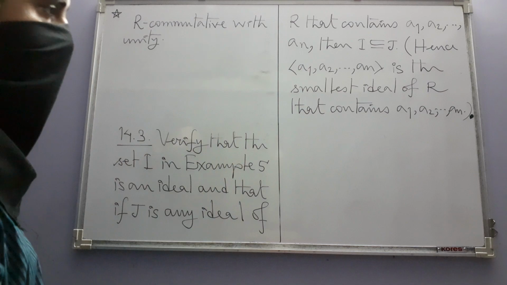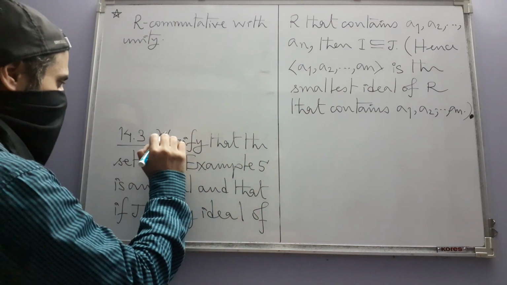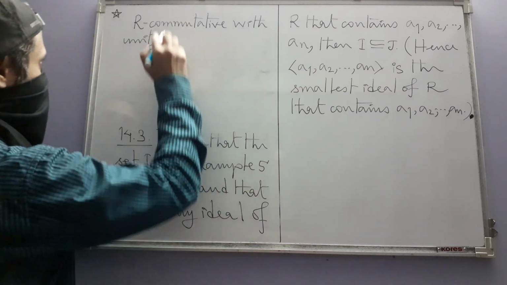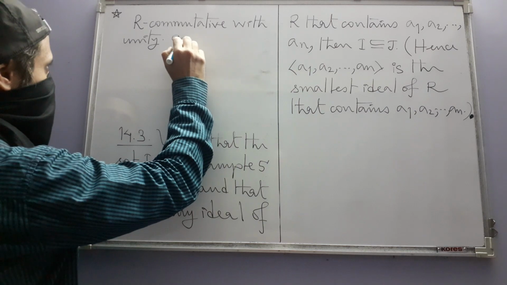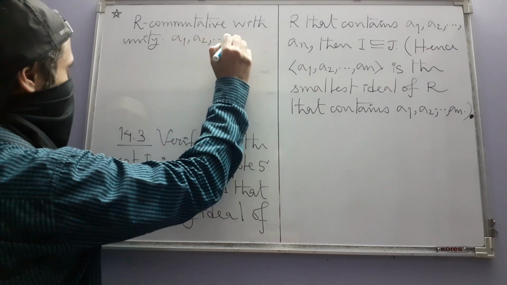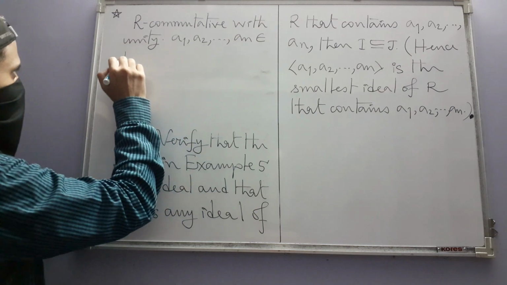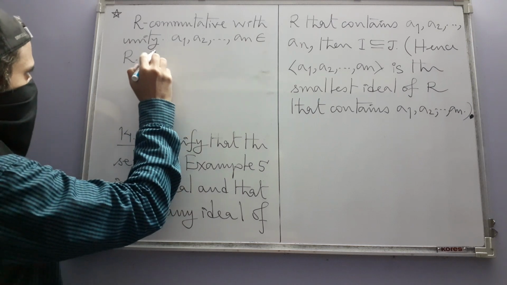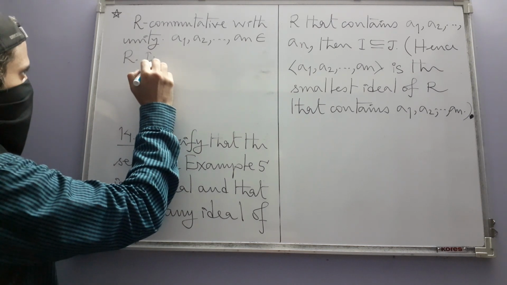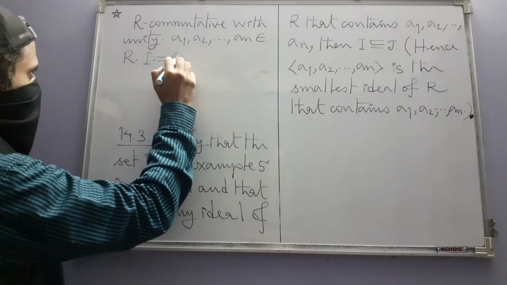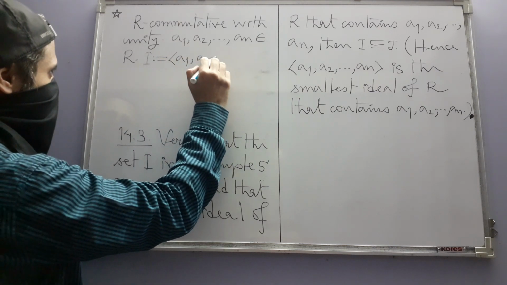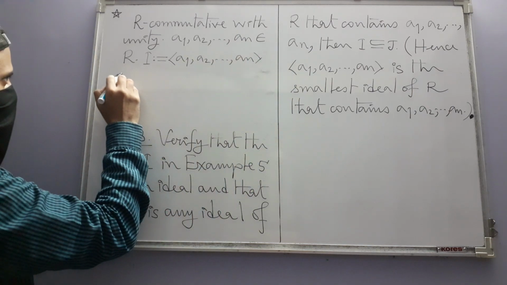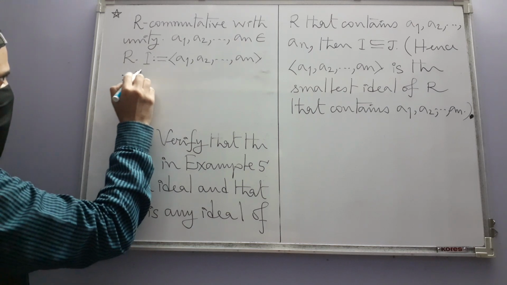There is an element 1 which acts as an identity element under multiplication, and what the example does is it considers finitely many elements in R and then defines a subset of R like this, I, which also is denoted by this symbol. It's purely a symbol, a notation just, and the definition of that itself is just this.